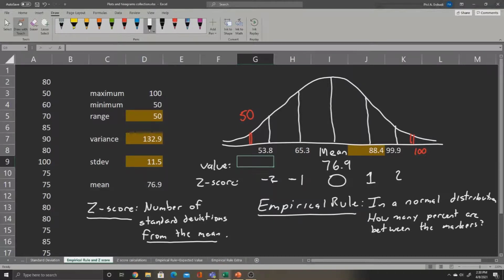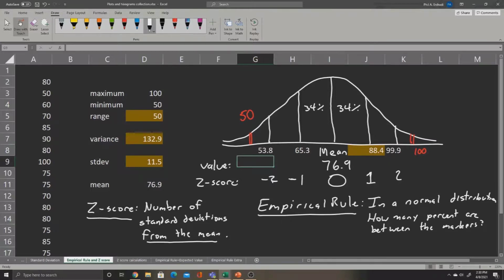Now, the empirical rule says if the distribution is normal, in between the 0 and 1 markers, you would find 34% of the population. So we could predict that 34% of the population would have a score between 76.9 and 88.4 on this quiz. For the same reason, between -1 and 0, we would have the same population. As in a standard normal distribution, the data should be symmetric.